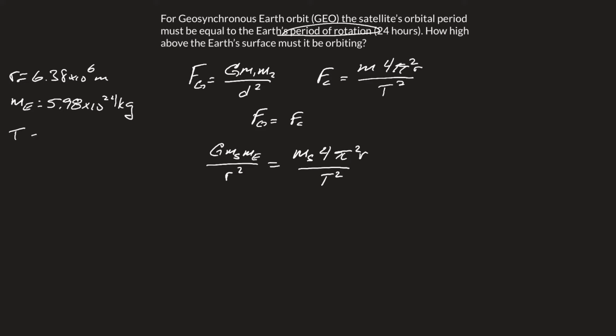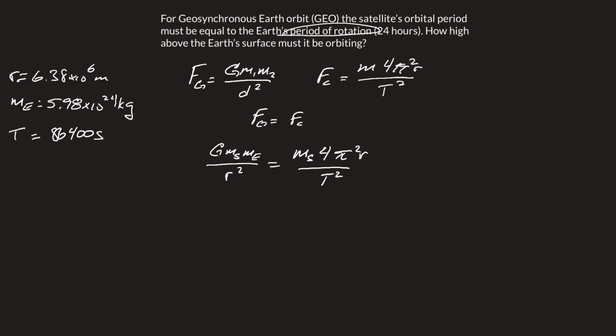And we know what our period is going to be, 86,400 seconds. We actually don't need the radius of the Earth as part of our equation here, but we will need it to get our final answer, because our final answer is going to be the radius of the Earth plus however much distance above the Earth it's orbiting.